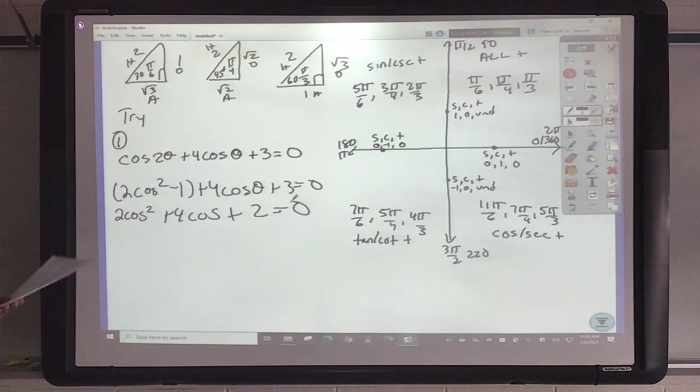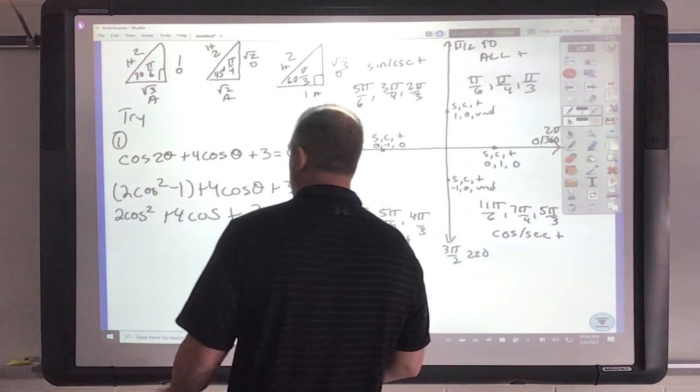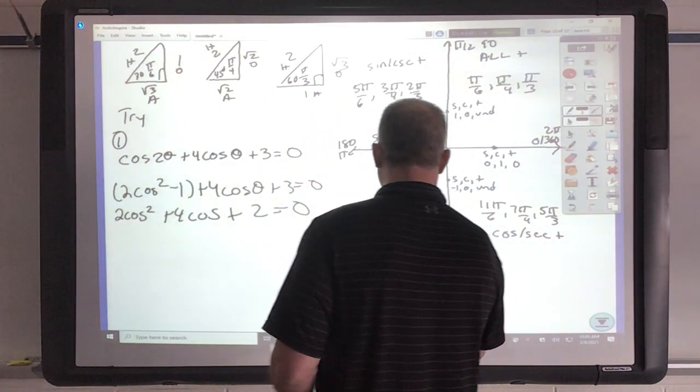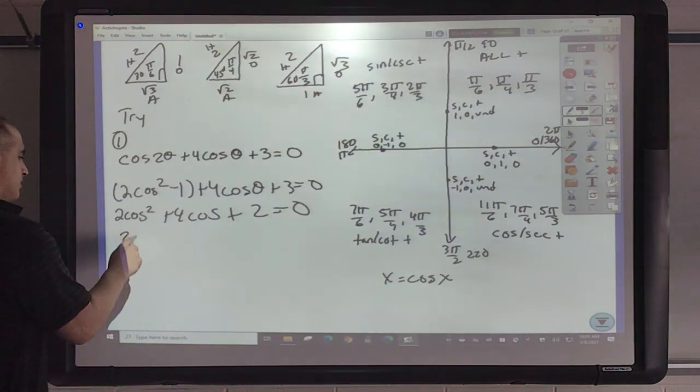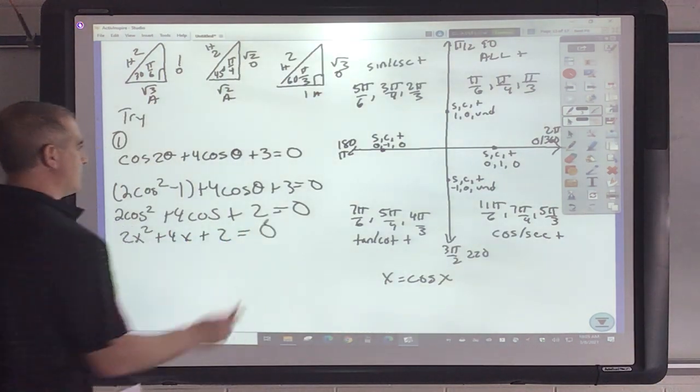All right, with that. Now, if you want to, you can substitute x for cosine, if that makes things easier for you. So it's 2x squared plus 4x plus 2 equaling 0.